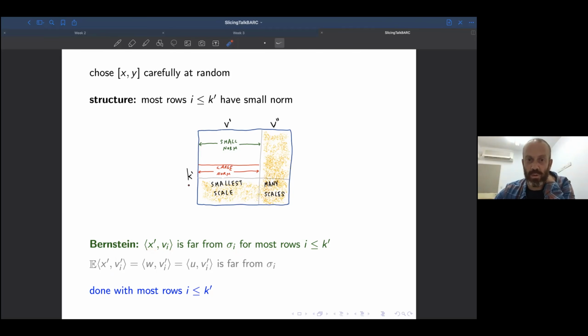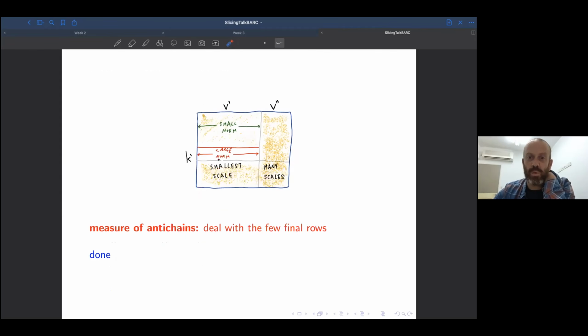And so for most of these, the rest of the rows, for all of these parts, there are too few of them. Now there are very few final ones. This is the point. Now we are left with much less than square root of n. So the final one is that now xy is a random edge.